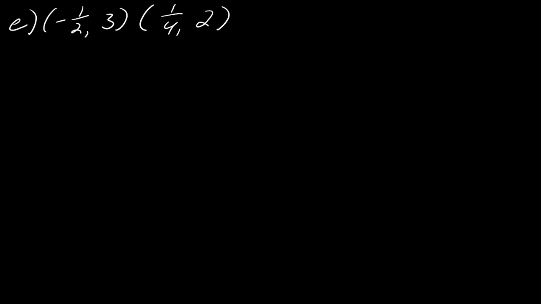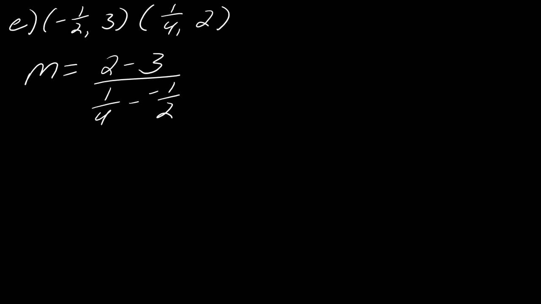And finally for this last one, I thought I'd throw in something fun. This one has some fractions in it. So let's just start with the y coordinates. This will be 2 minus 3, and then the x coordinates will be 1/4 minus -1/2. Now, to finish this particular one, we're going to have to think about this just a little bit.